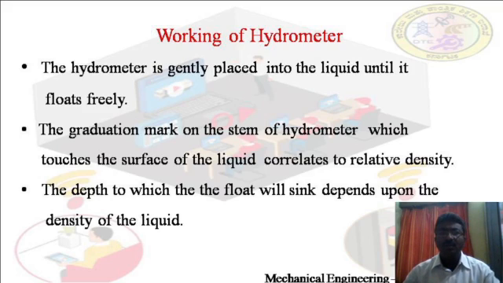The depth to which the float of hydrometer will sink depends on the density of the liquid under measurement. Greater the density of liquid, lesser the depth to which float sinks.